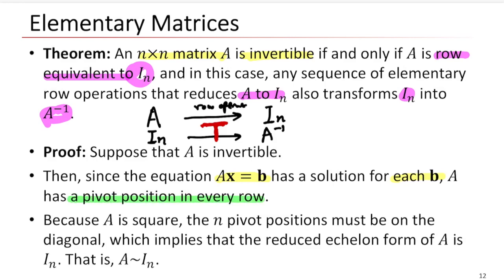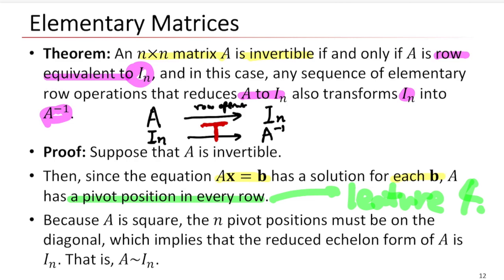To understand this concept, you have to see lecture 4. There was a theorem related to the pivot position and inverse. Okay, please check this.